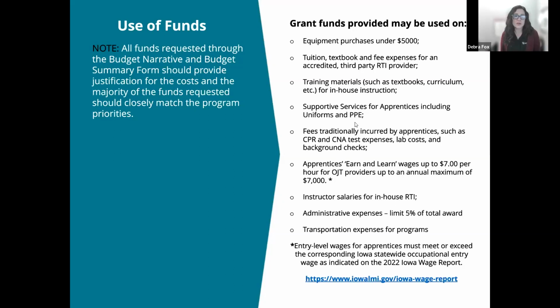Supportive services for apprentices, including uniforms and personal protective equipment. Fees traditionally incurred by apprentices such as CPR and CNA expenses, lab costs, background checks, etc. Apprentices earn and learn wages up to $7 per hour for on-the-job training providers up to an annual maximum of $7,000. Instructor salaries for the in-house related training instruction.